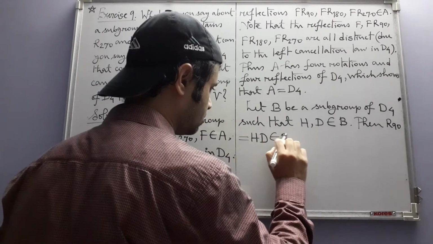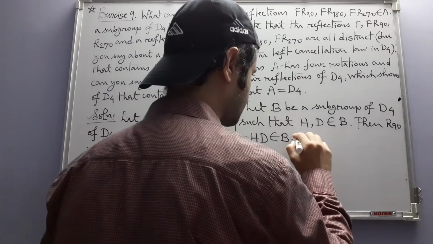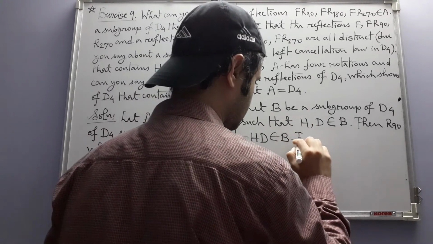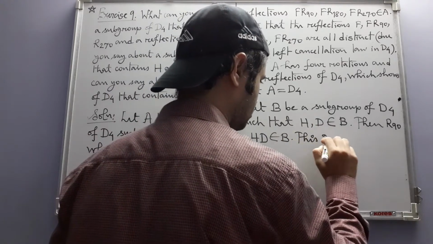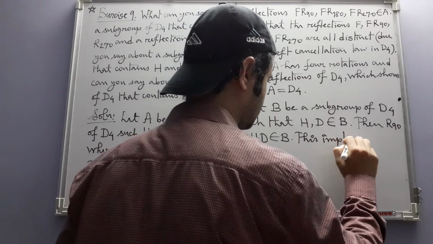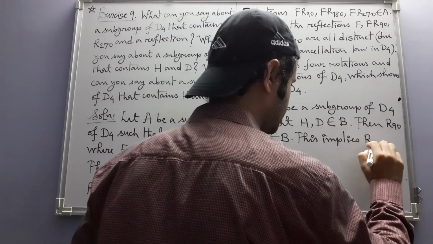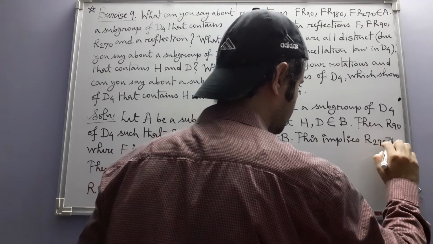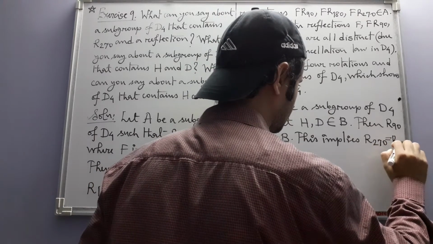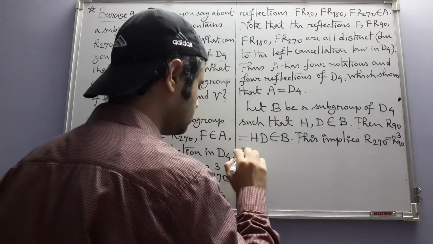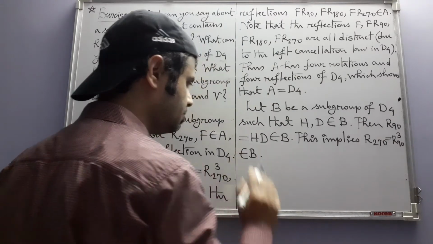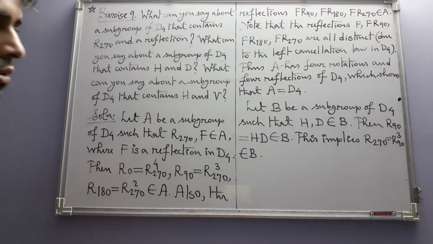This belongs to B. This implies R270, which is R90 cubed, now will belong to B, because R90 belongs to B.